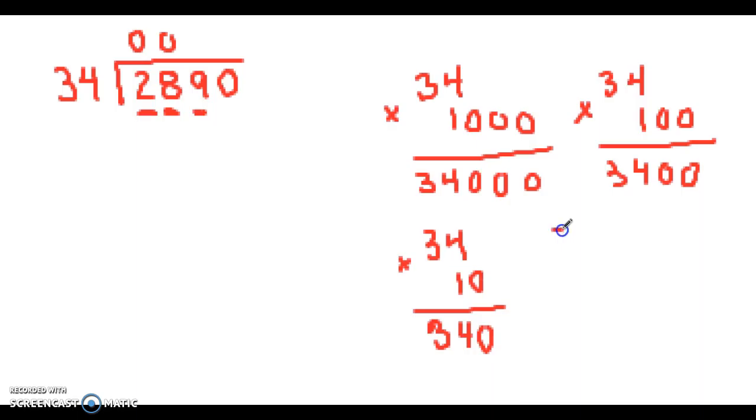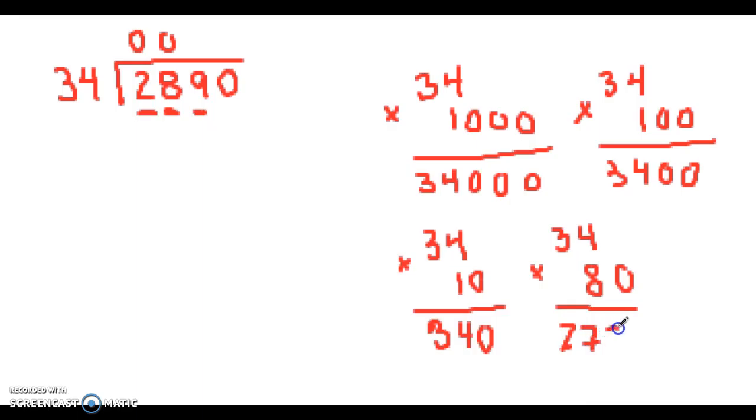So let's try 34 times 8 groups of 10. So that would be 80. And you get 272.